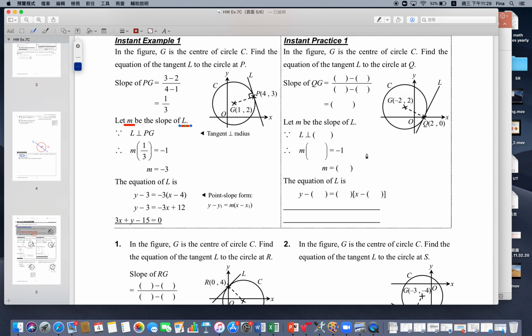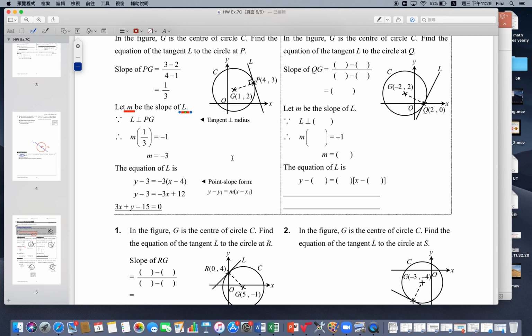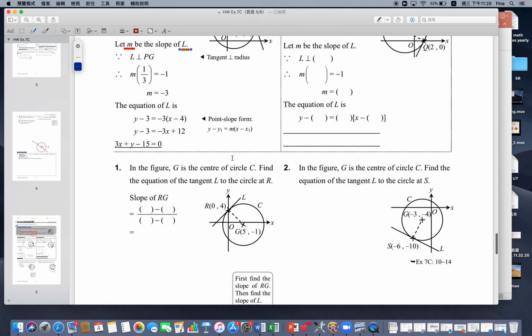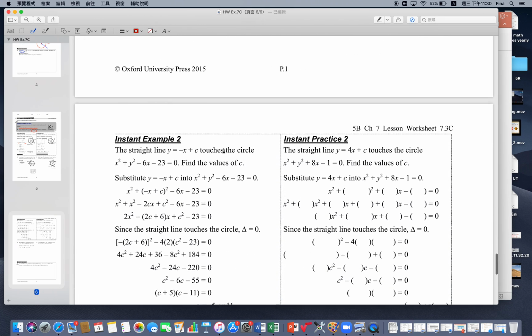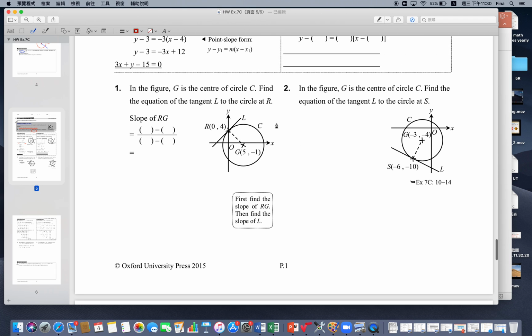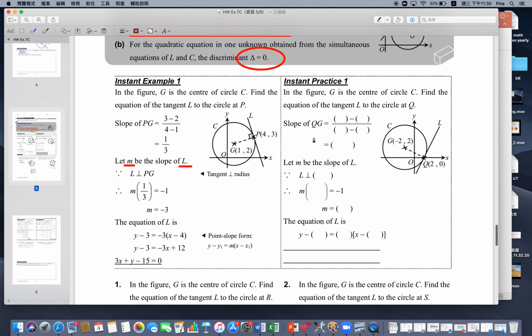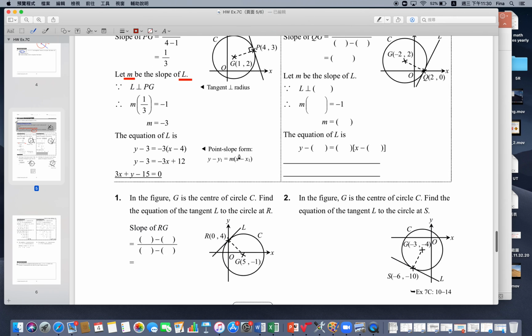So for this one, just follow instant example 1. I don't want to repeat that. The next few questions, question 1 and question 2, are almost the same and similar to example 1.